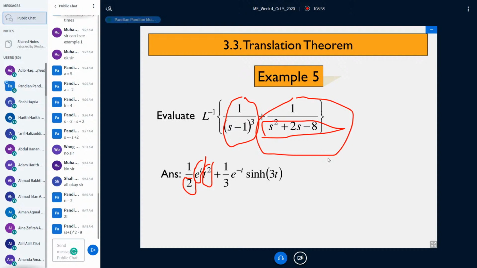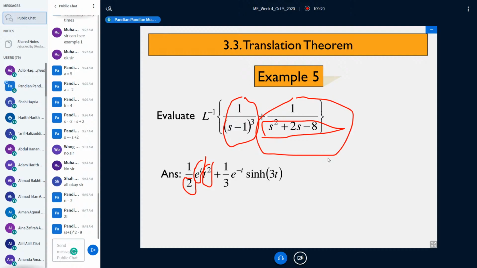So, inverse Laplace of 1 over s plus 1 squared minus 9. According to the translation theorem, s minus a is s plus 1, so your a is minus 1. Then you see the formula, inverse Laplace of k over s squared minus k squared.